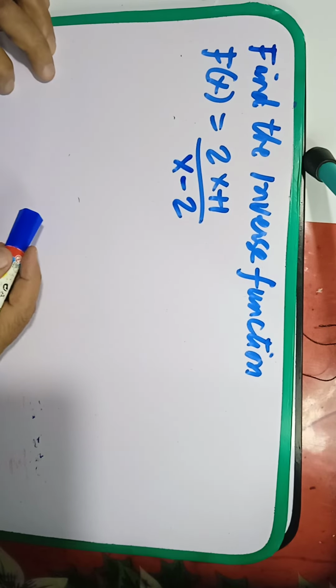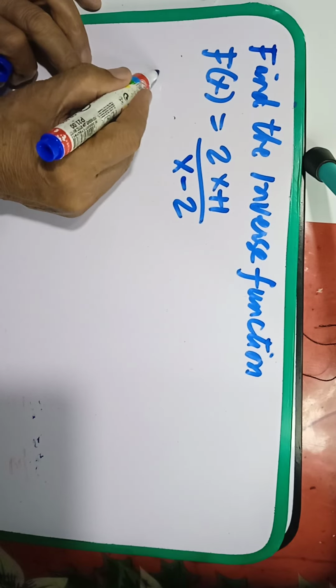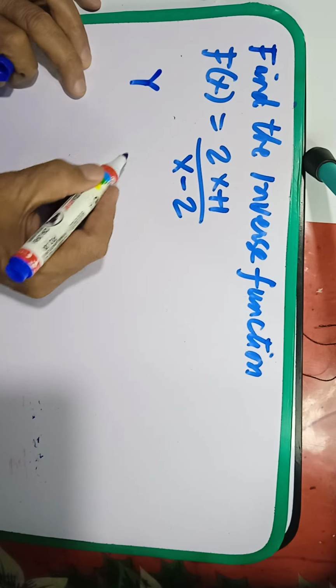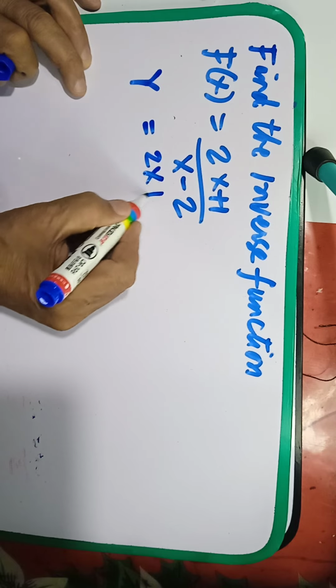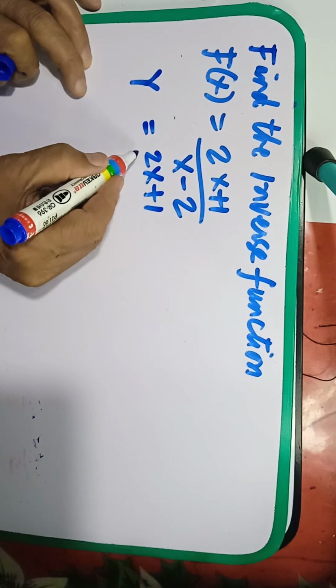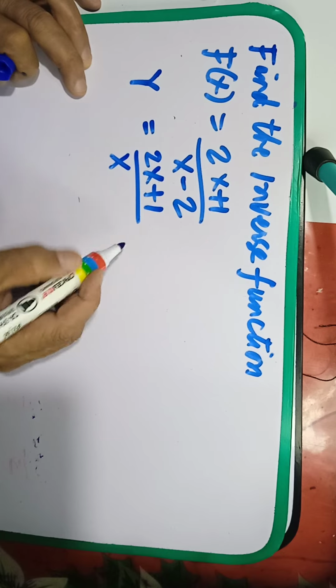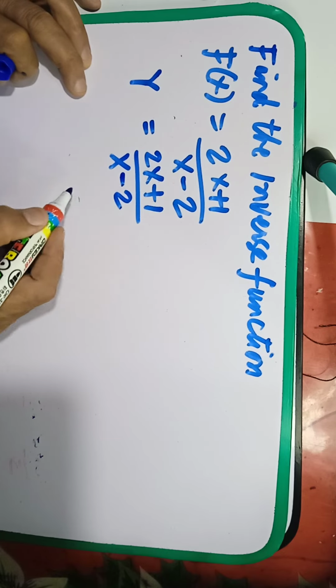So, in this case, again, we have to change f of x to y equals 2x plus 1 over x minus 2.